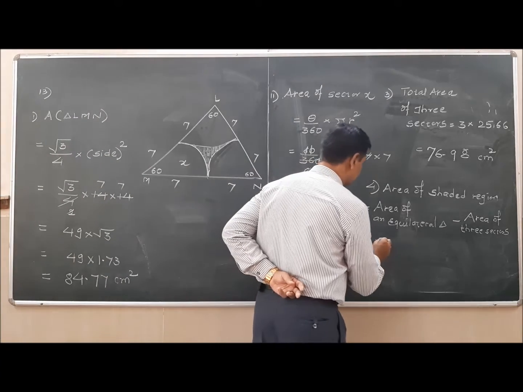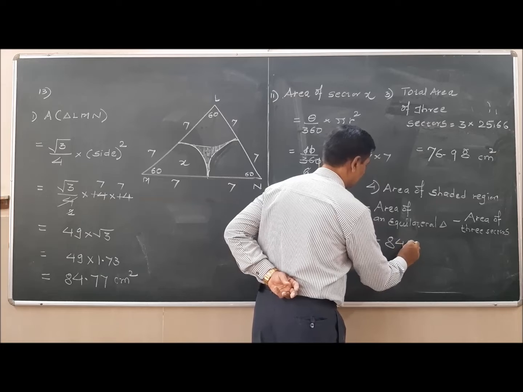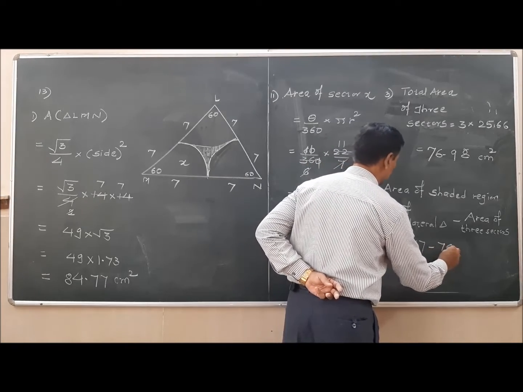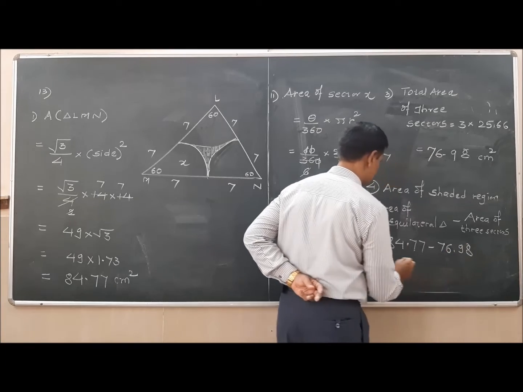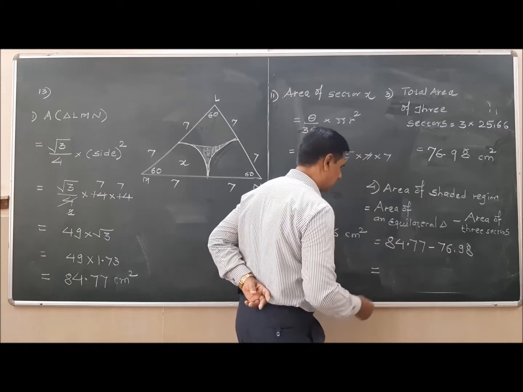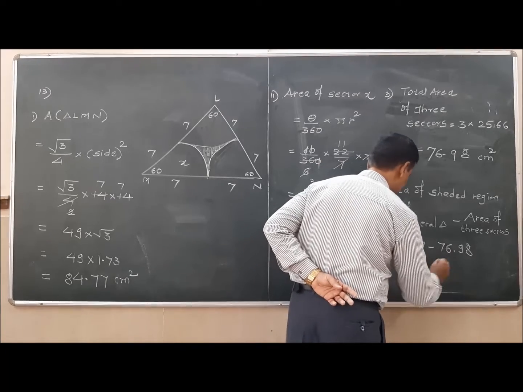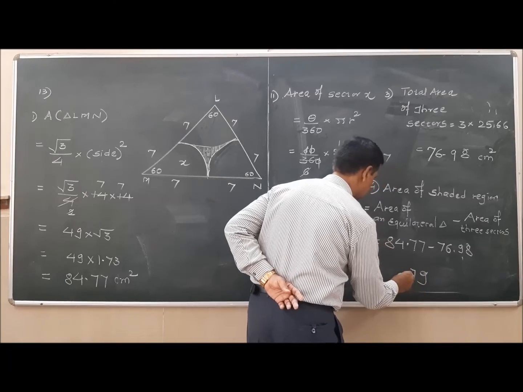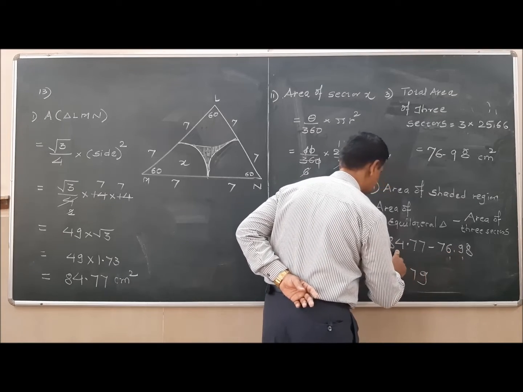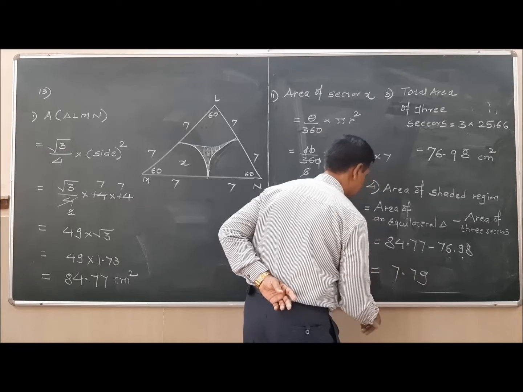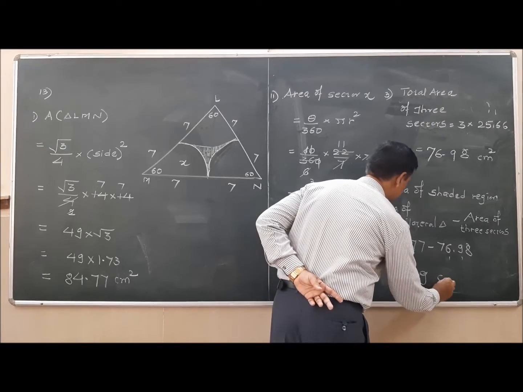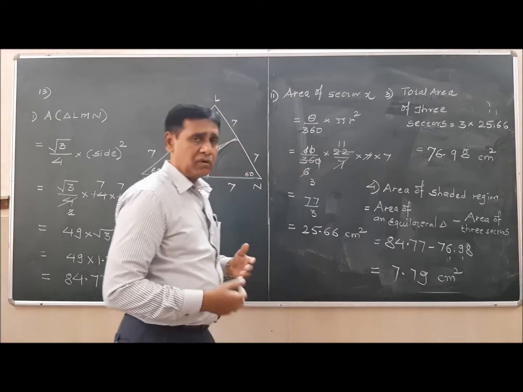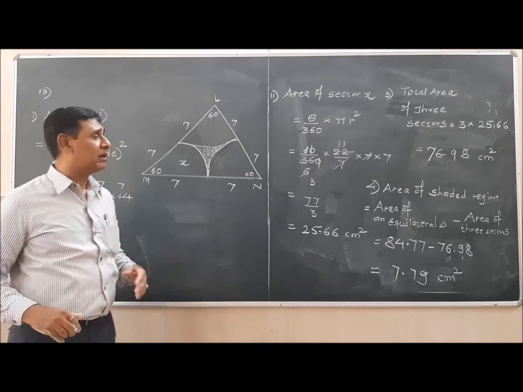So 84.77 minus 76.98. After subtracting this, you will get it as 7.79 centimeter square.